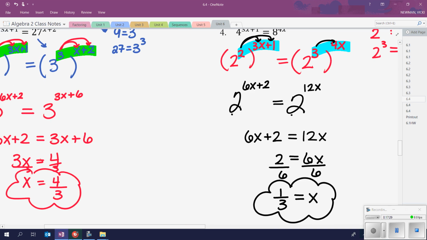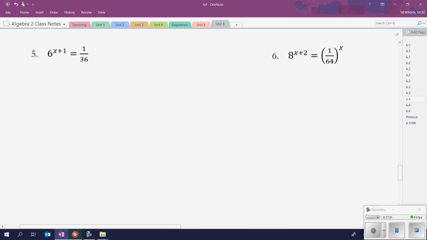Okay, so what are you looking at and going, oh no? You're looking at the idea that that's a fraction. And you're going, oh no. Yeah, same. So here's what I need you to do. We see the base of 6, and I know that 36 is actually 6 squared, right? So this is 1/6 squared.